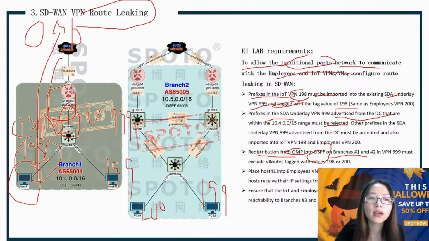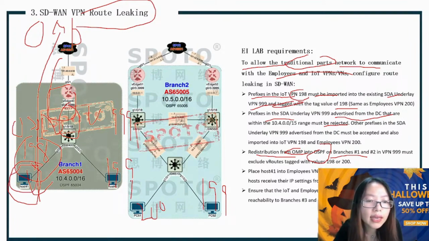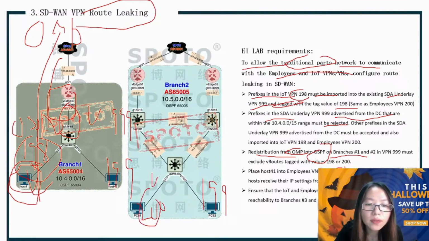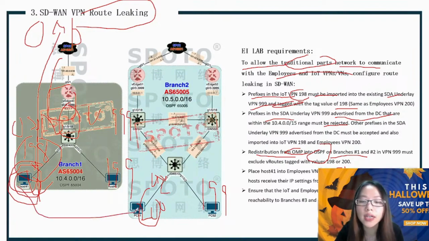So we need to redistribute to our OSPF. And place host 41 into employee and host 51. These belong to our VN, and this is IoT VN, and this host belongs to employee VN. So we need to make sure these two hosts can obtain IP address.